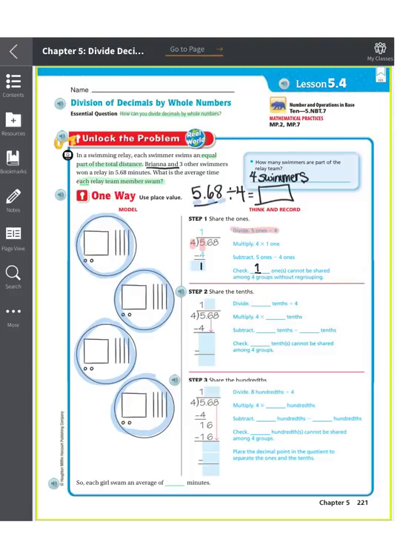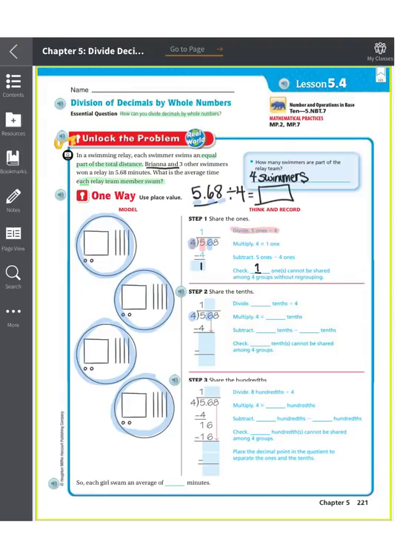No. So now we're going to divide again, but now we're going to divide this 6. So now we're going to divide 6 tenths by 4. So that's what we're doing right here. This is our step 2. So how many times can 4 go into 6?